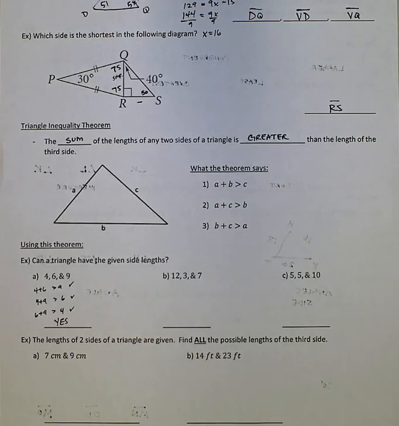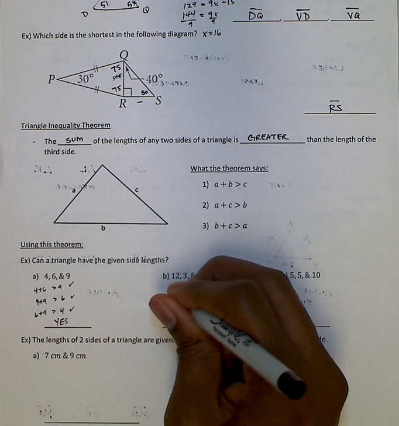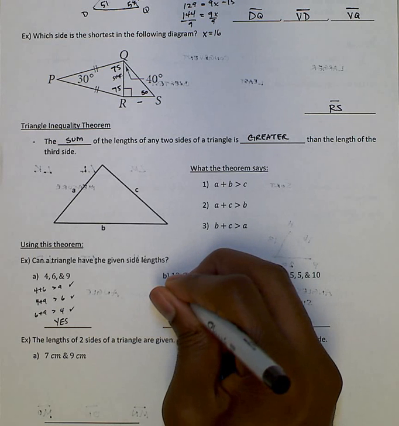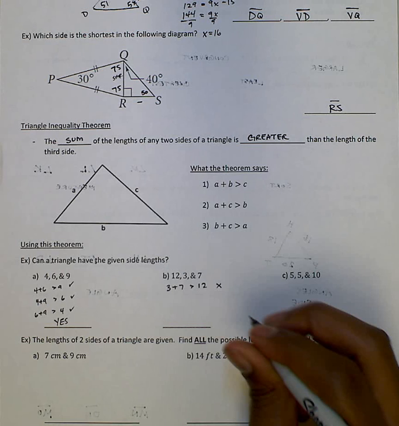The short way, kind of a shortcut, you add the two smaller sides together. If the two smaller sides are bigger than the larger side, then it works out. So for B, instead of doing all three of these, we could say, well, is 3 plus 7, the smaller two sides, greater than 12? No. 3 plus 7 is 10, it's not greater than 12.